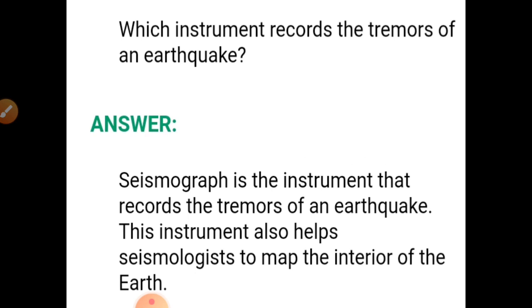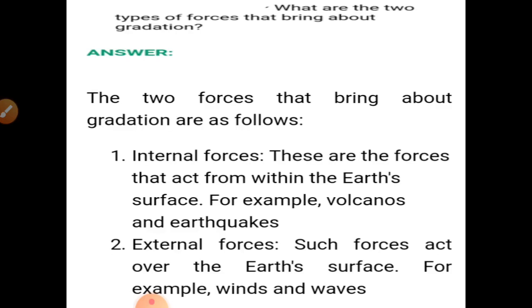Next is: which instrument records the tremors of an earthquake? The seismograph is the instrument that records the tremors of an earthquake. This instrument also helps seismologists to map the interior of the earth.